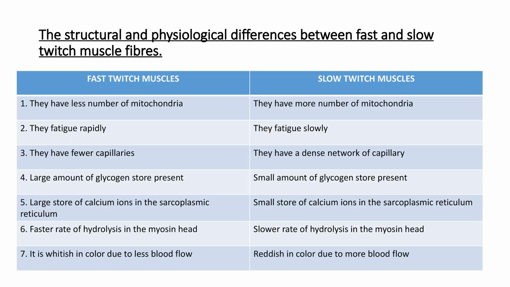In the next part, we look at the structural and physiological differences between fast twitch and slow twitch muscle fibers. Here we have categorized the muscle fibers into two categories: the first is fast twitch muscle fibers and the second is slow twitch muscle fibers. So, what is the difference between them?